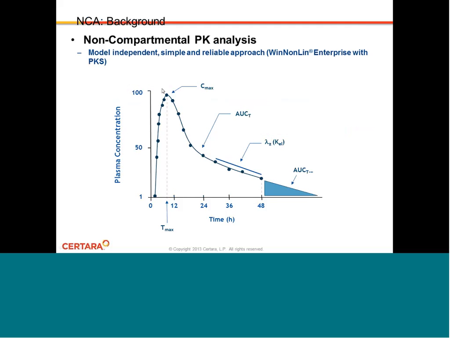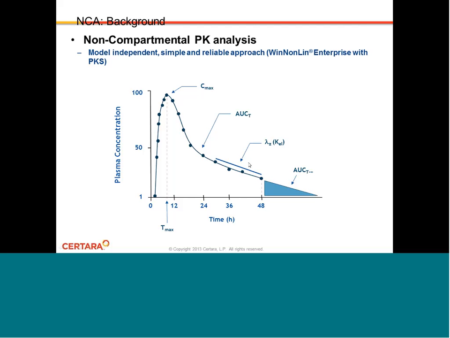Moving from left to right, starting with the Cmax, which is the maximum observed concentration, and the associated time Tmax, the area under the concentration time curve from the dosing time to the last observed concentration is referred to as AUClast in WinNonlin. And it is basically the sum of the trapezoids drawn underneath the concentration time curve at each observed time point.